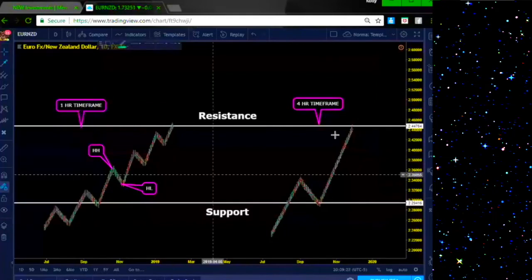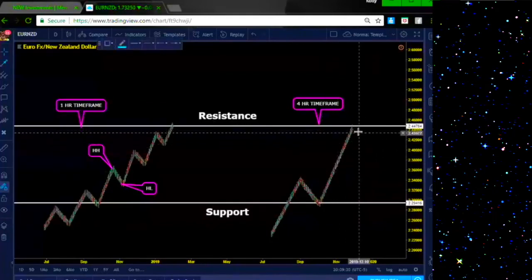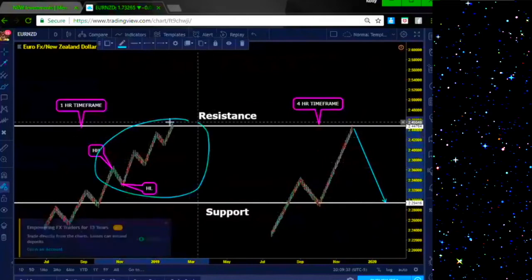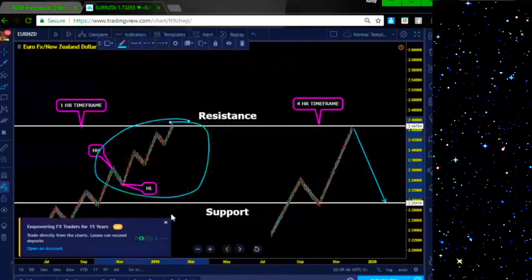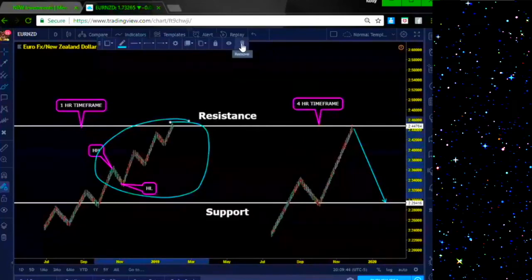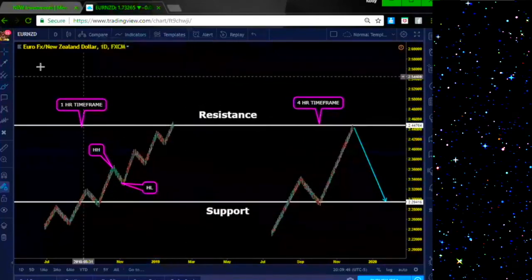If we want to take a sell trade from this resistance level, right, and we want to see the market come back down, what's going to have to happen over here on the 1 hour before the market goes bearish on the lower time frame? What's going to have to happen?